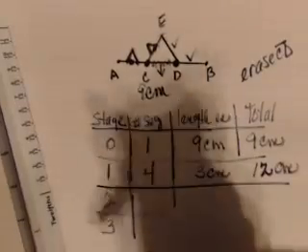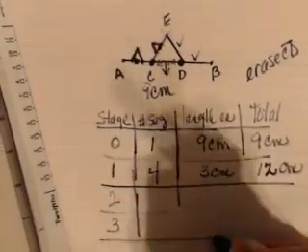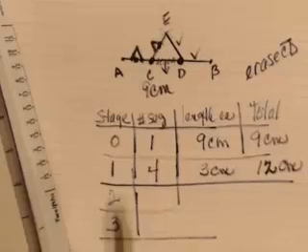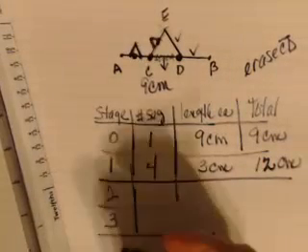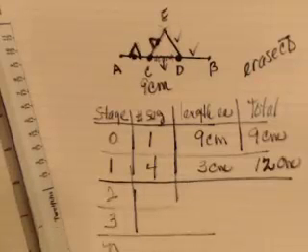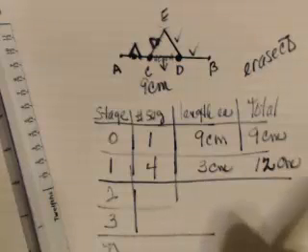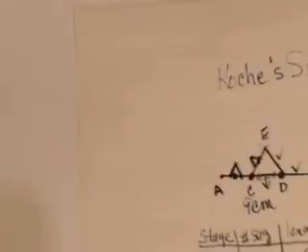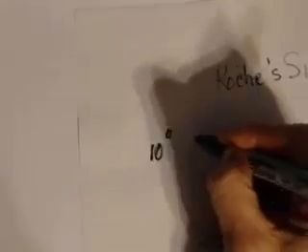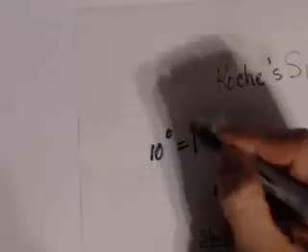So in filling out your chart, I want you to finish the second iteration, do the third, and then see if you can make a conjecture. Now a hint, anything to the 0 power is 1. So if I have 10 to the 0 power, that's 1.